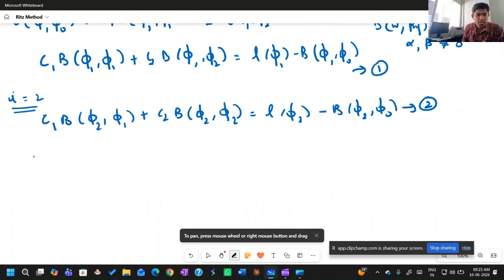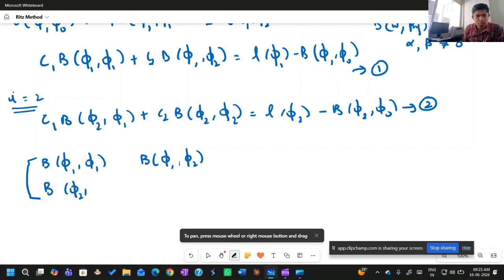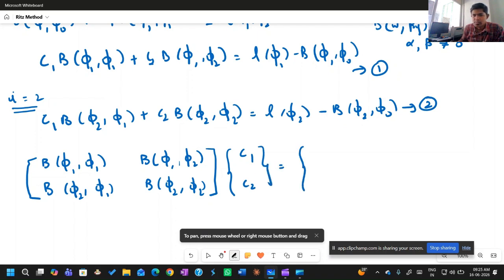So if I write these equations, we should be getting bilinear function of pi1 comma pi1, bilinear function of pi1 comma pi2, then bilinear function of pi2 comma pi1, then bilinear function of pi2 comma pi2, and this is multiplied by the Ritz coefficients c1 c2, which is equal to linear function of pi1 minus bilinear function of pi1 comma pi naught.